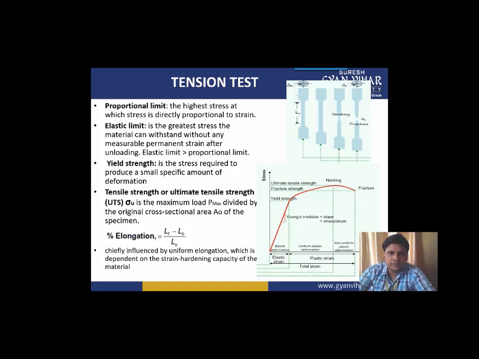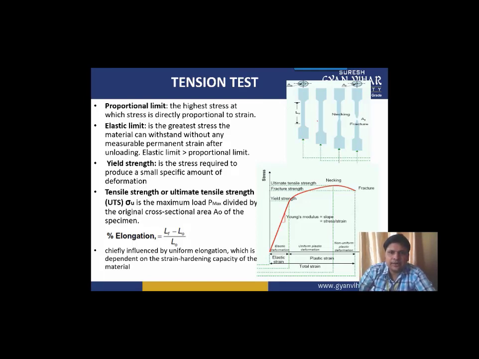Your specimen, a small piece of the material whose property is to be checked, is fixed between the jaws of the universal testing machine, and then a tensile load is applied on it.